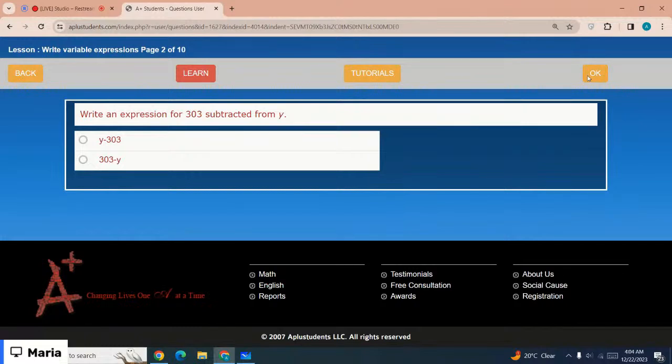Okay. The next one is write an expression for 303 subtracted from y. Which is the correct option? Option 1 or option 2?